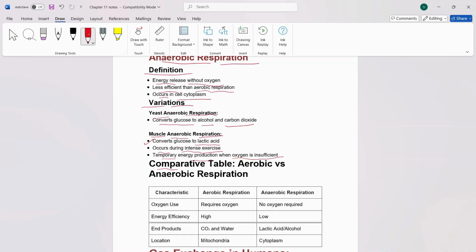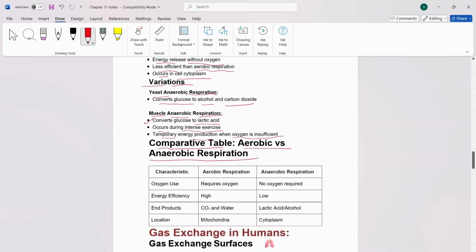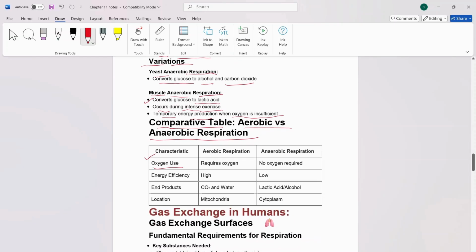Alright, comparative tables we have here, aerobic versus anaerobic respiration. Characteristics, oxygen use: aerobic respiration requires oxygen, and anaerobic needs no oxygen. Energy efficiency: aerobic respiration has high energy efficiency, and anaerobic has low energy efficiency.